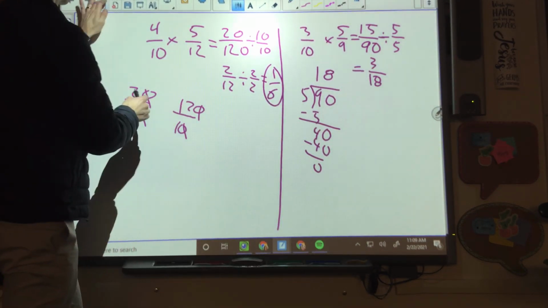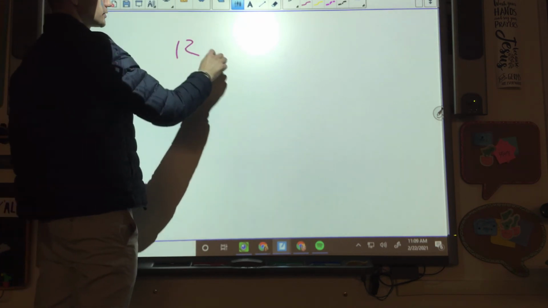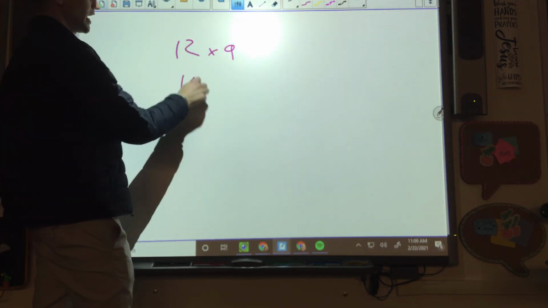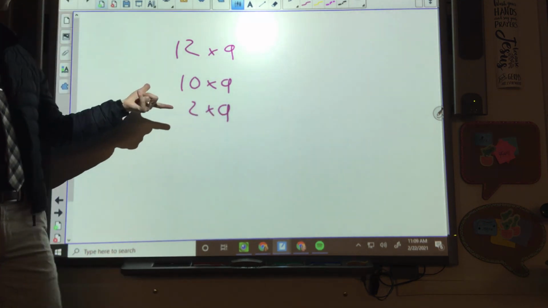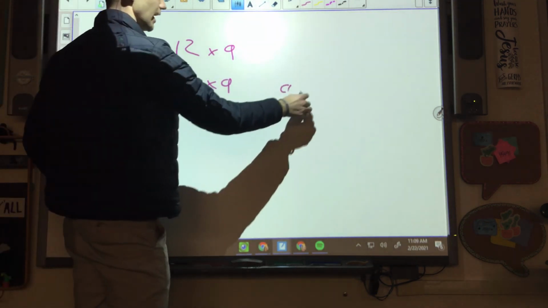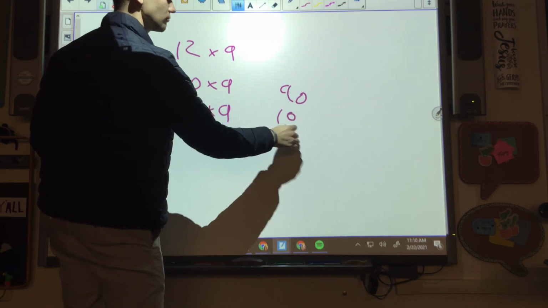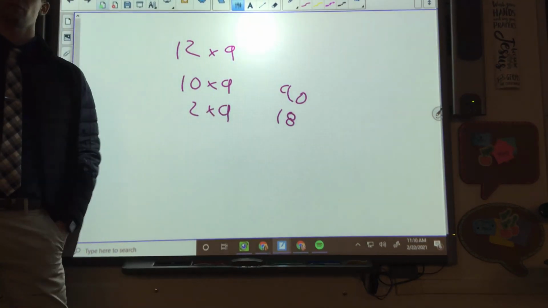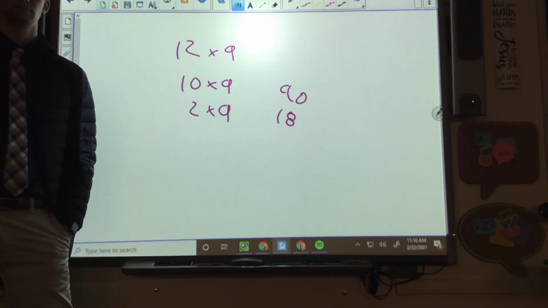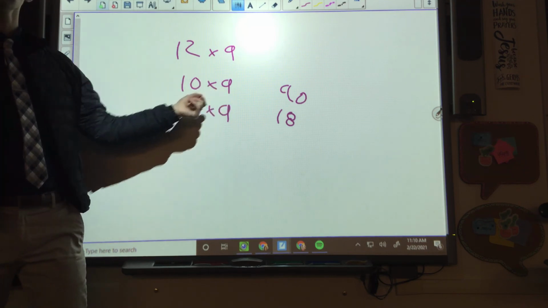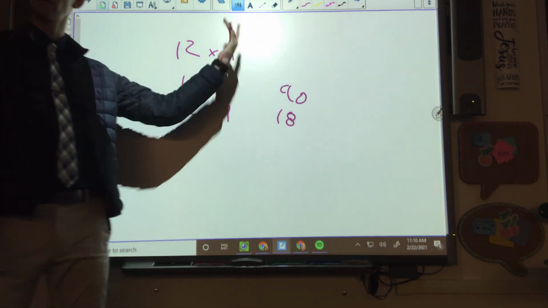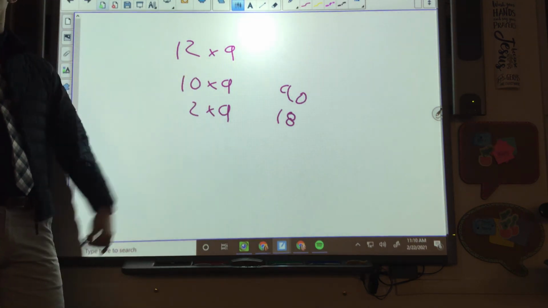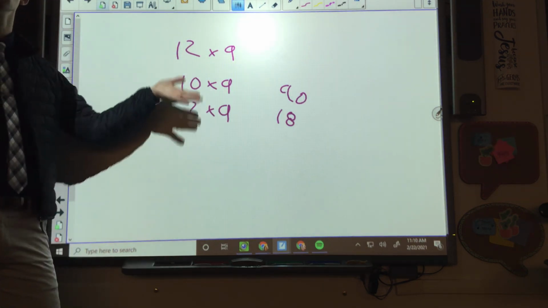Okay. 12 times 9 is the same thing as 10 times 9 and 2 times 9. So this is 90, this is 18, so I know this is 108 without even checking. 10 times 9, 2 times 9, 90, 18 equals 108. You can do this for anything.